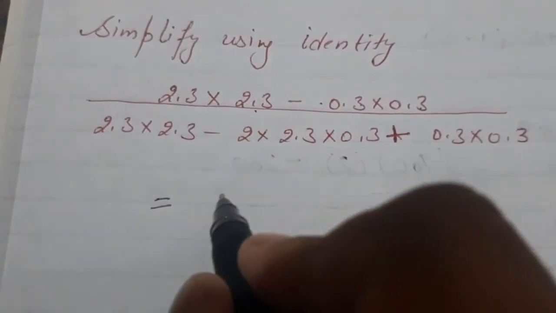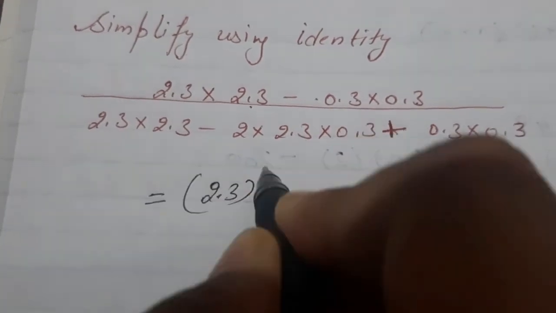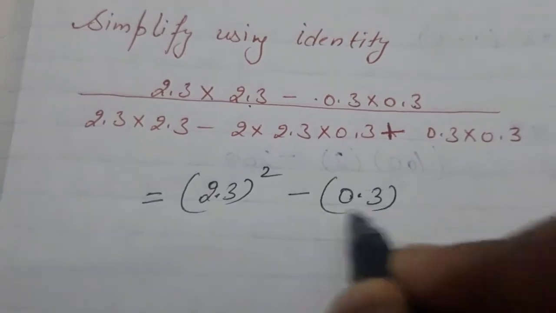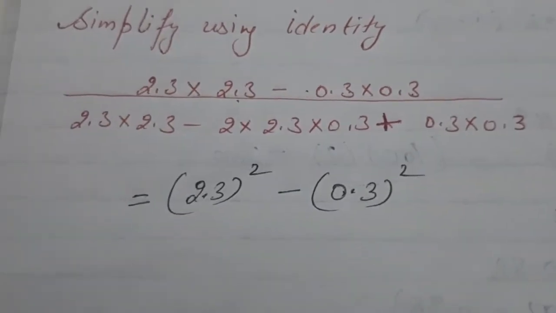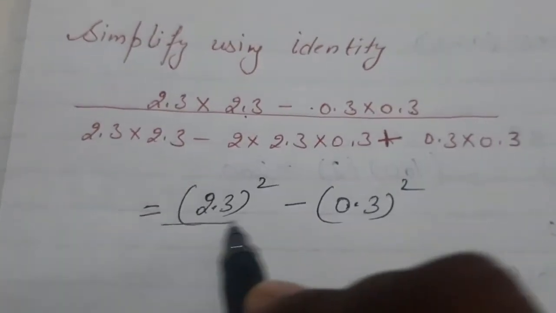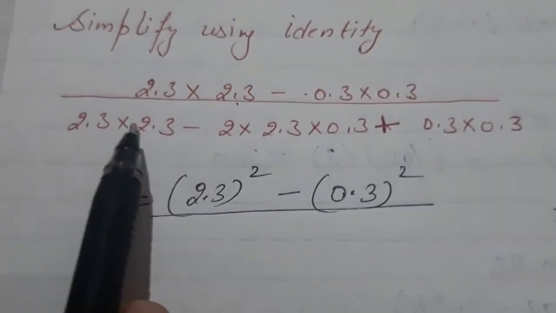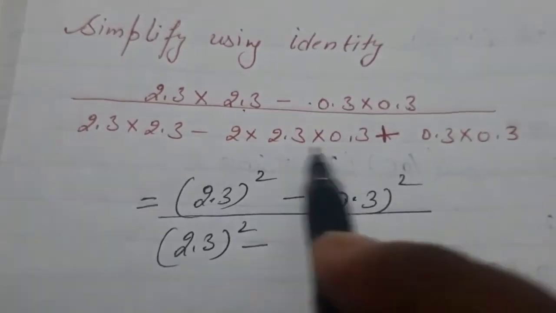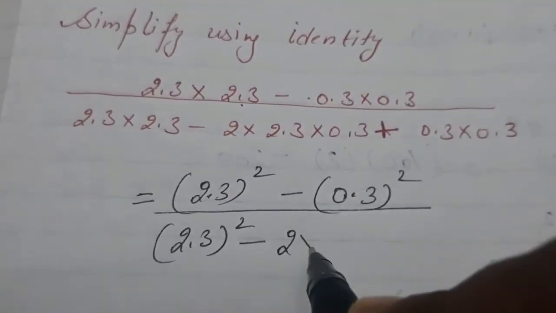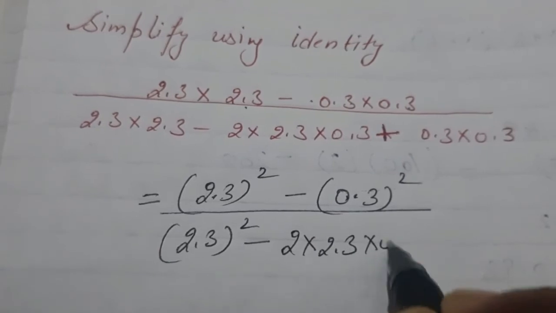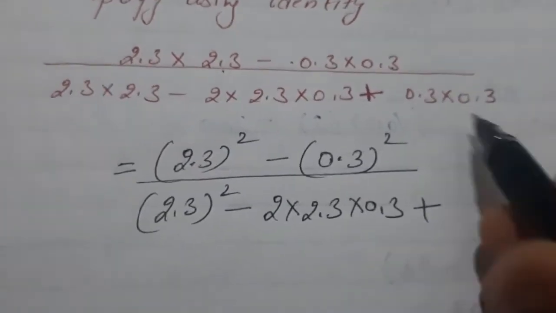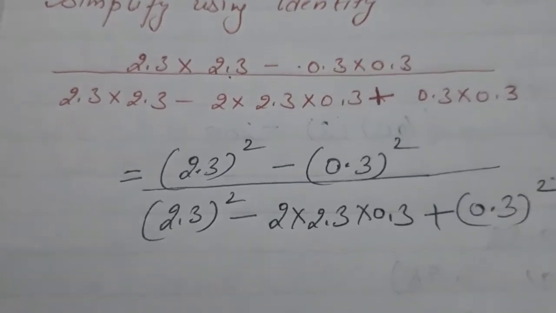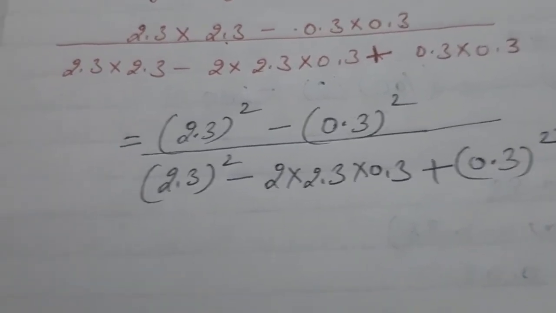Okay, so 2.3 into 2.3 we can write as 2.3 square minus 0.3 into 0.3, it can be written as 0.3 square, divided by the number 2.3 into 2.3, this also we will write as 2.3 square minus 2 into 2.3 into 0.3 plus again 0.3 is multiplied twice, so it can be written as square of 0.3.